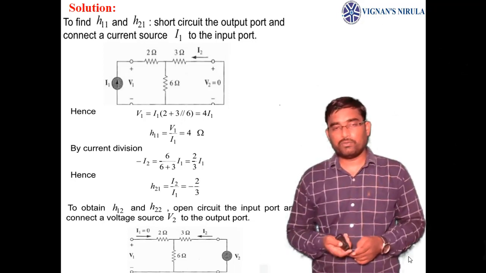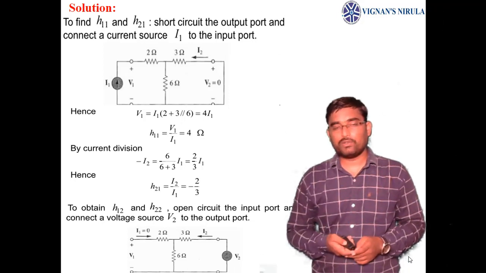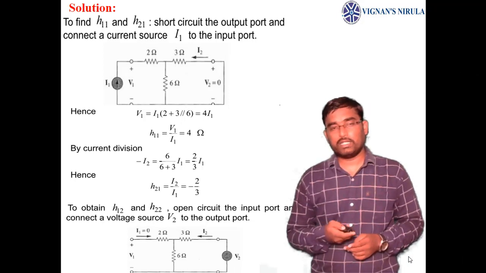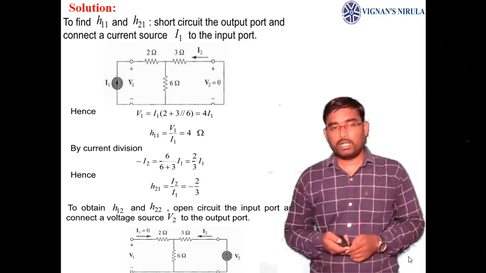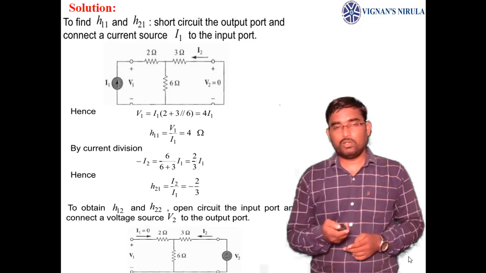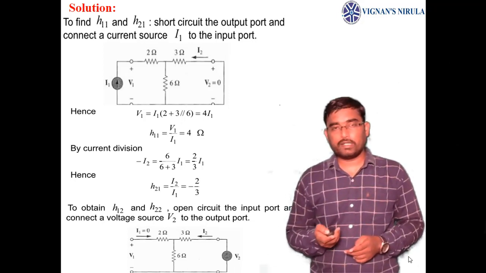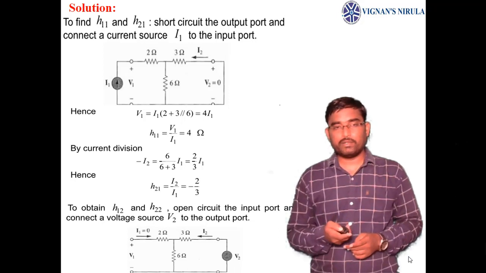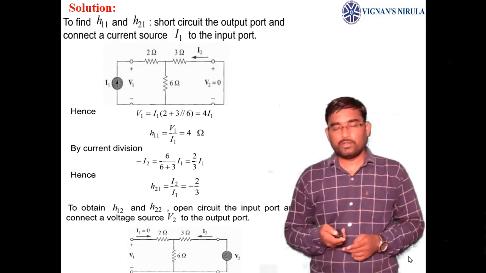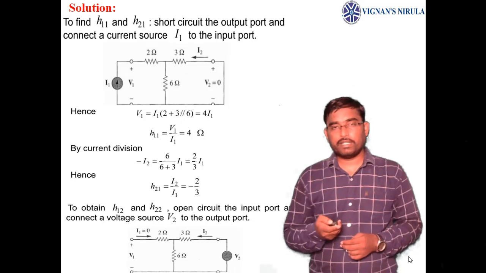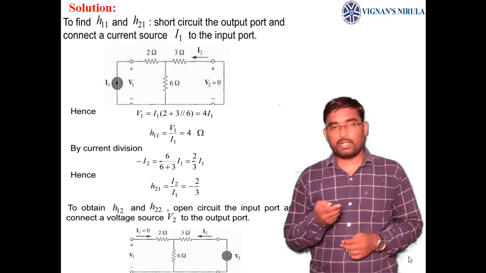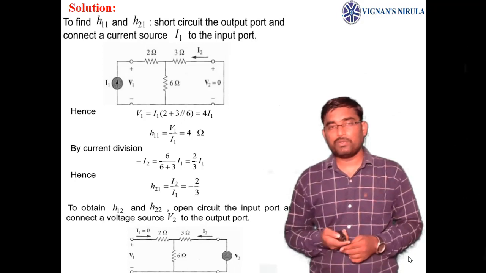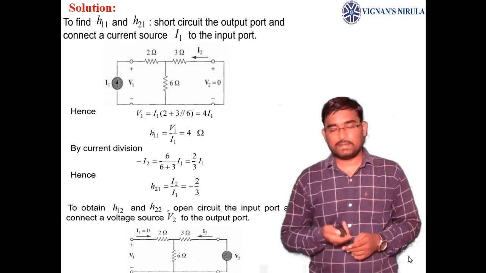Similarly, in order to find H21, we need to apply the current division rule. Applying the current division rule at the junction which is connecting the 2 ohm, 3 ohm and 6 ohm, I1 is the total current entering the junction, and the current flowing through the 3 ohm is I1 into 6 by 6 plus 3.